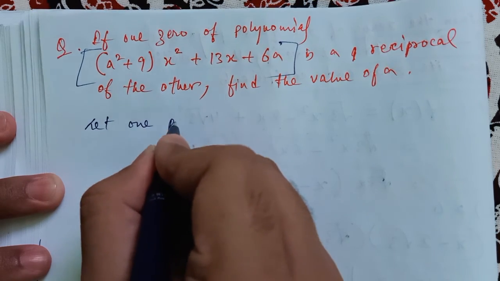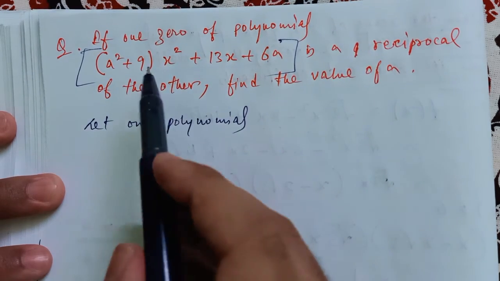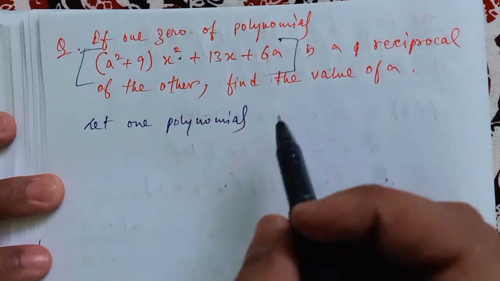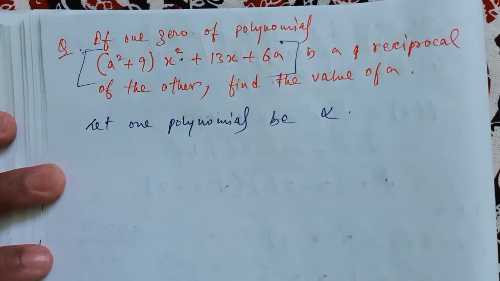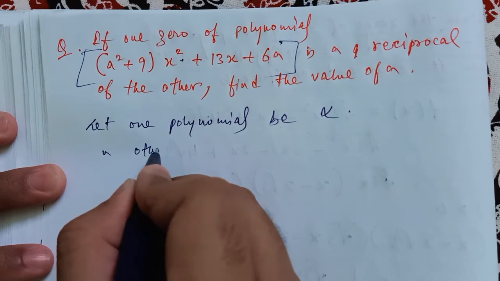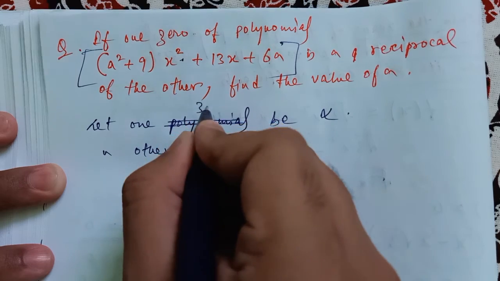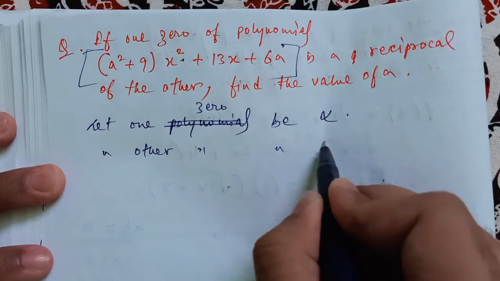It will have two zeros, right? Because the degree is 2. So let one zero be alpha and the other zero be beta.